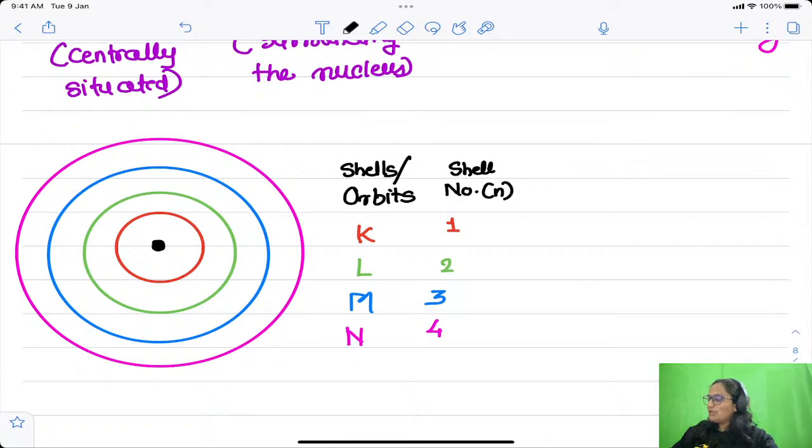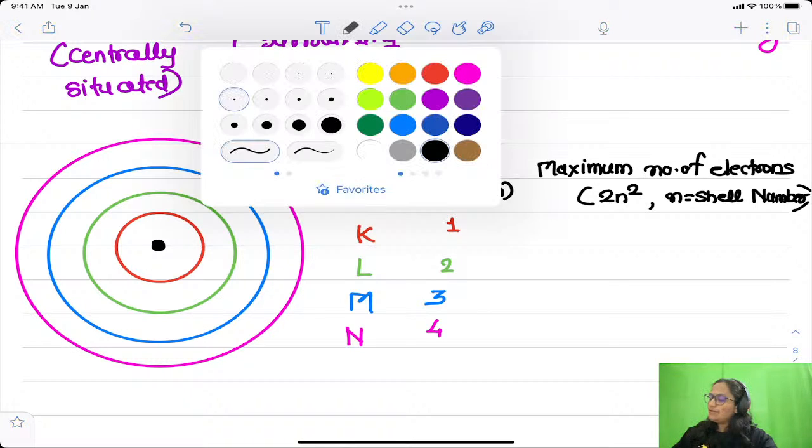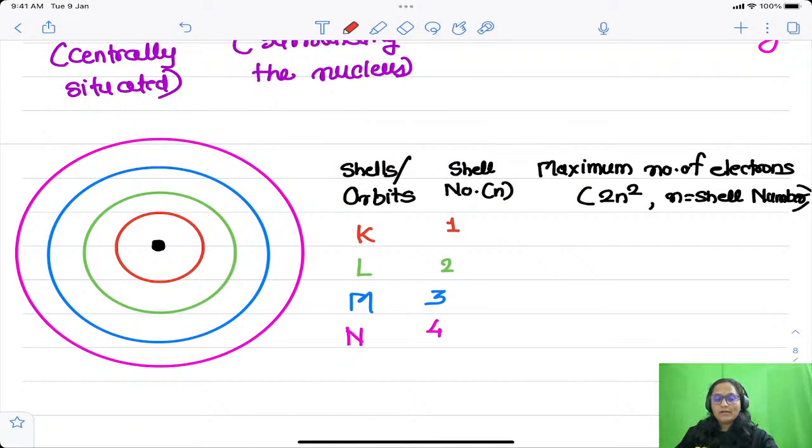He has given the formula: the maximum number of electrons is calculated by the formula 2n square, where n is the shell number. So this formula we can use to find out the maximum number of electrons.